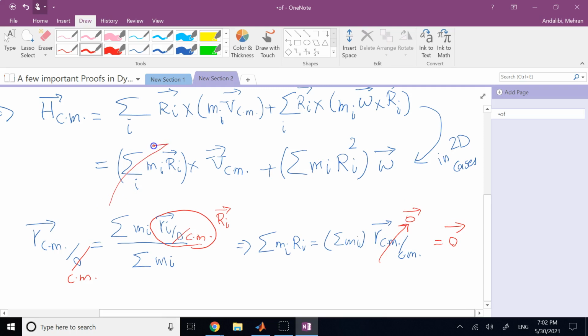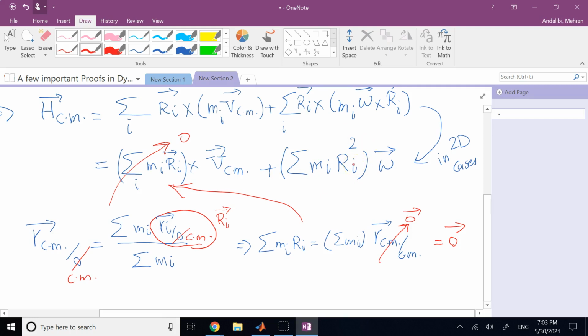So this whole thing is what? 0. You can easily see that from here. So this first term is entirely then 0, right? And so you're only down to the second term. And what is this guy?